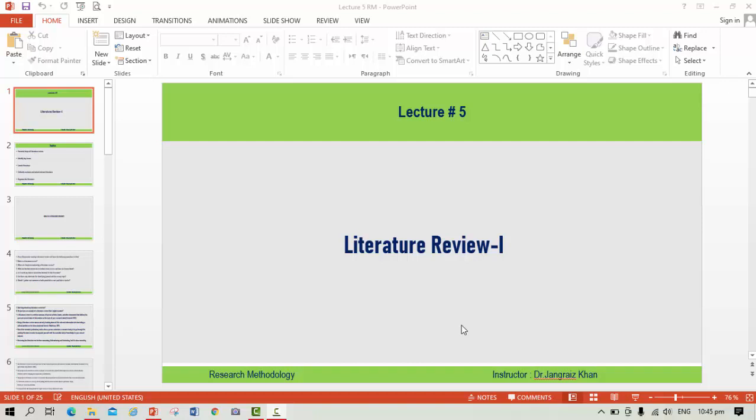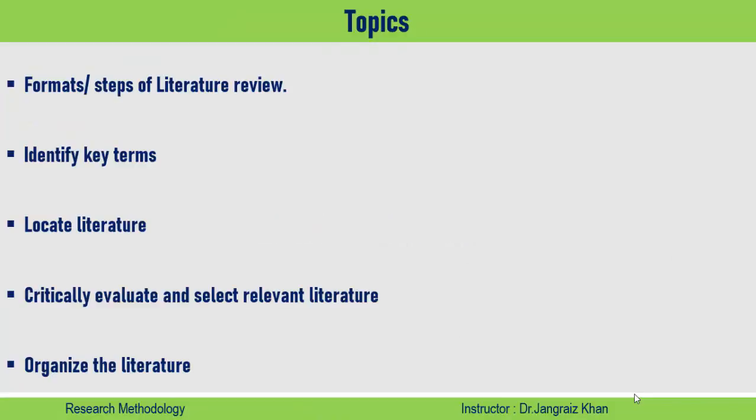The literature review is an important part of the research because it will let you know about the variables of the study, the dependent variable, the independent variables, and much information about the research relevant to your topic. So literature review is very important for any kind of research.